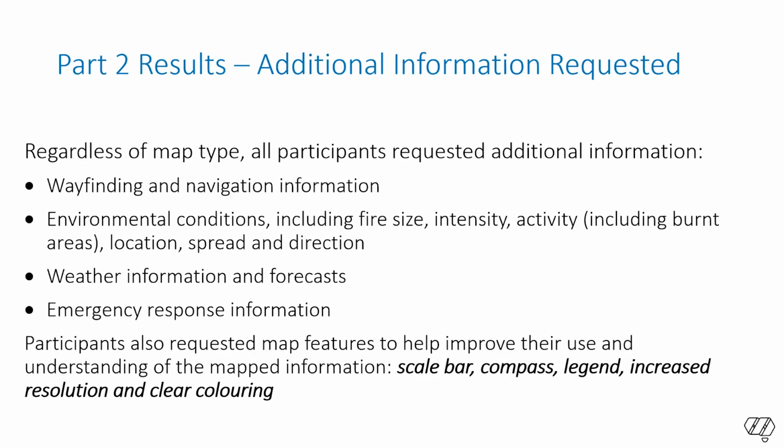And just one caveat here, and we've been speaking with the steering committee at length about this, it is important to understand on what map type this information would be best. So for example, maybe wayfinding information like route status might be better on a localized incident map versus a larger scale statewide prediction map.